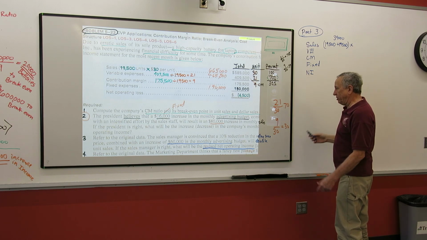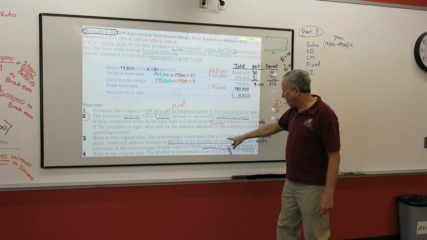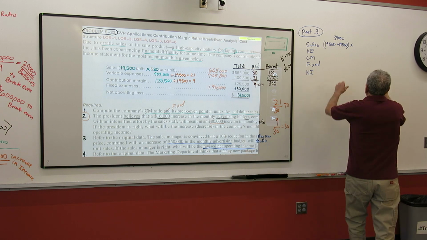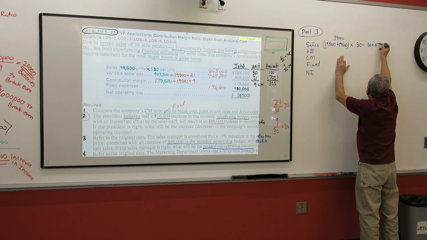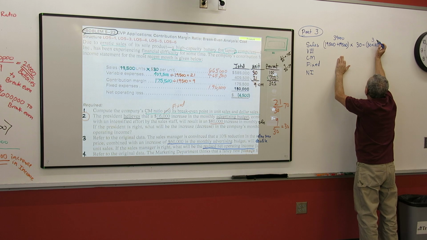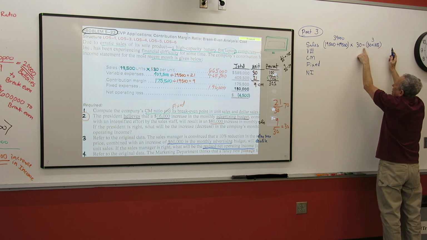Again, this is tricky. It says the selling price, we're going to reduce it by 10%. So it's going to be $30 minus 30 times 10%. 30 times 10% is $3. We're going to give everybody 10% off.